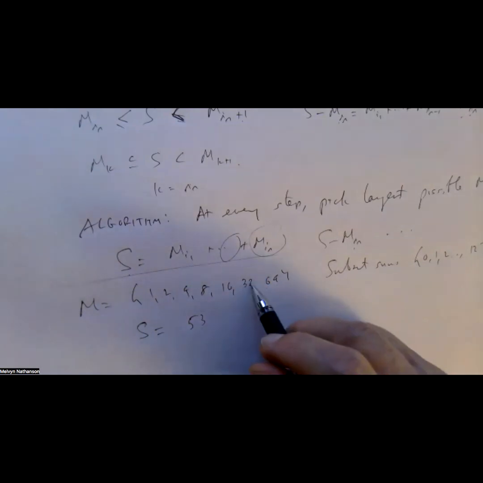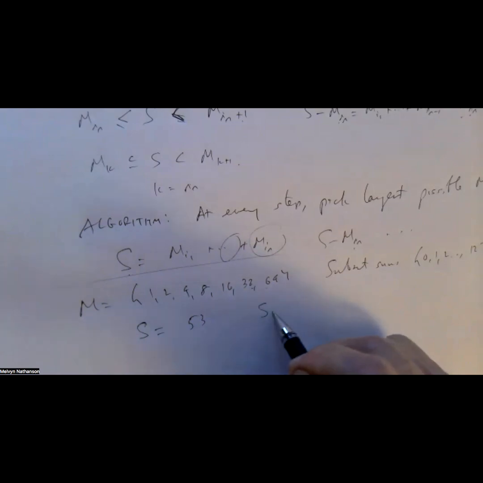The subset sums are all the numbers up to 127. So if you take any number up to 127, suppose I take s equal to 53, I want to write 53 as a sum of elements from the set.